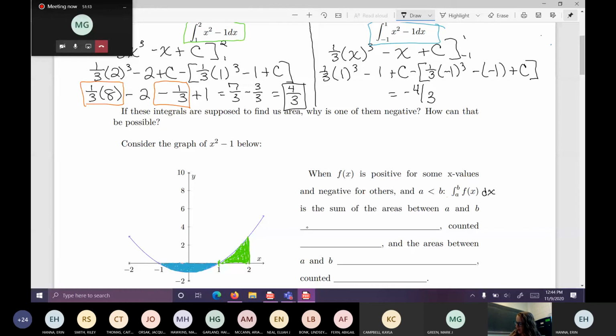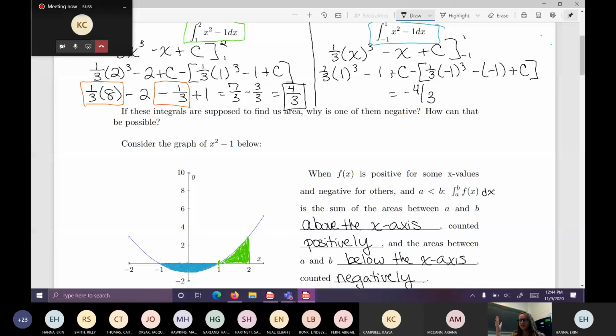We're going to have the areas above the x-axis, those are going to be counted positively, and the areas between a and b below the x-axis are going to be counted negatively. So essentially any area that ends up above the x-axis is going to be treated as positive, and any area below the x-axis is going to be treated as negative.